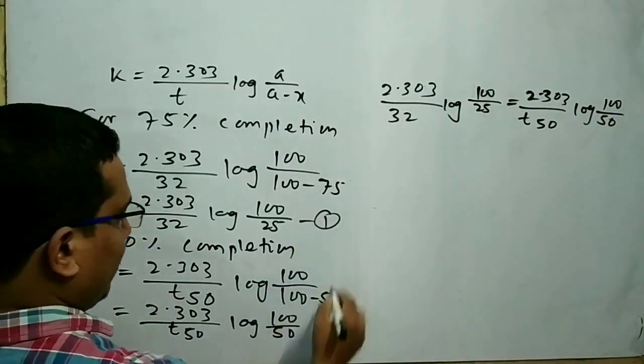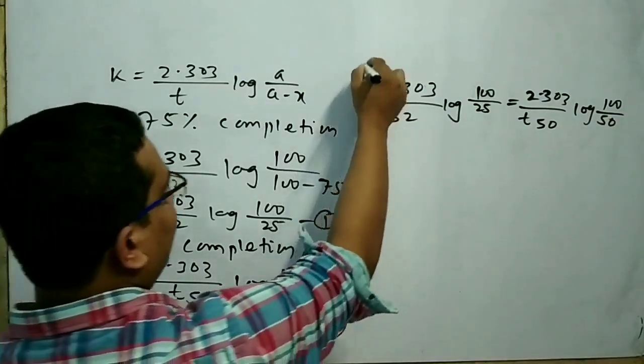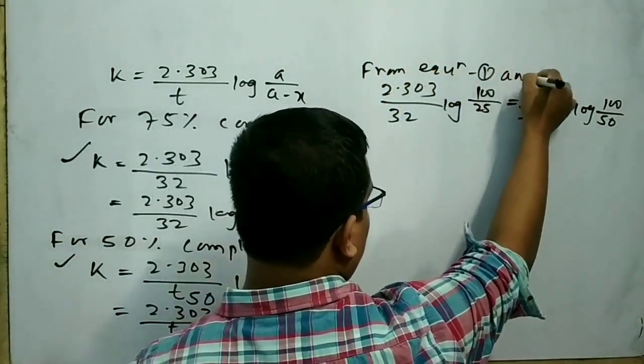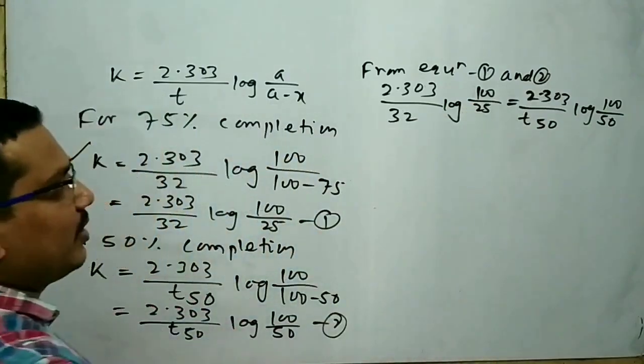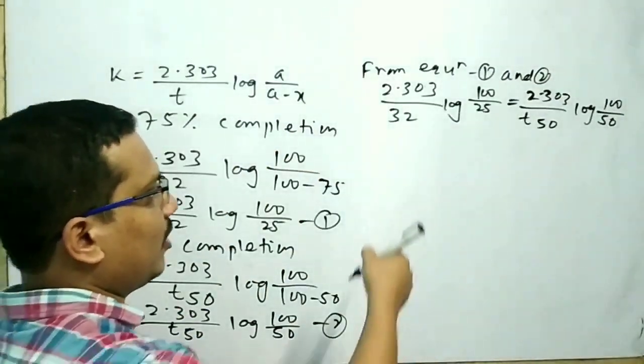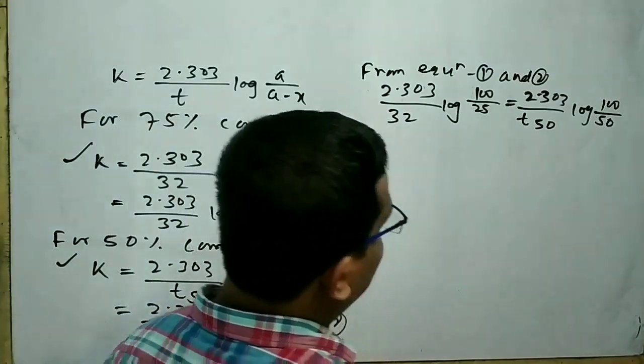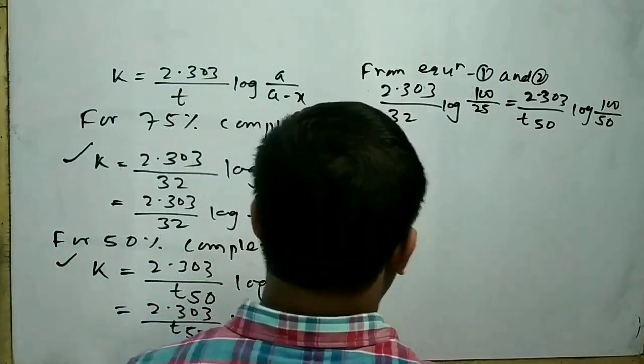Suppose this is equation 1, this is equation 2. From equation 1 and 2, we can write 2.303 divided by 32 log 100 by 25 is equal to 2.303 divided by T50 into log 100 by 50.